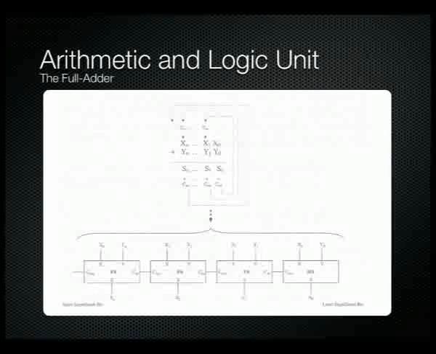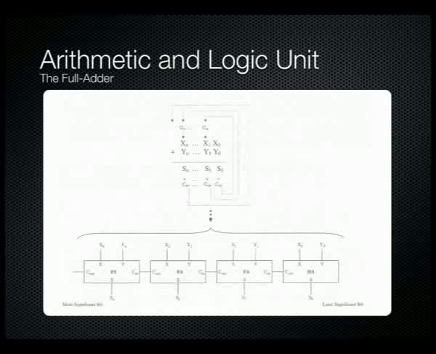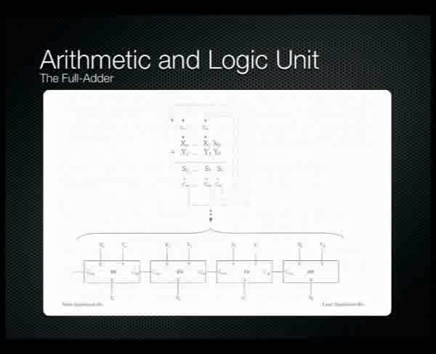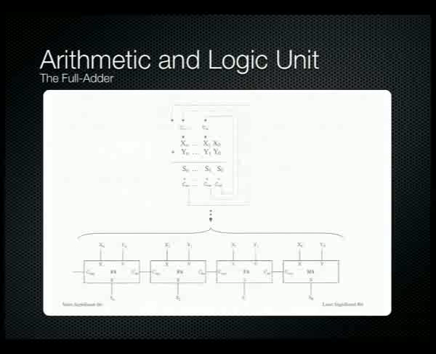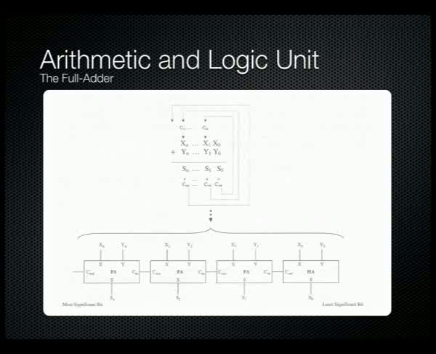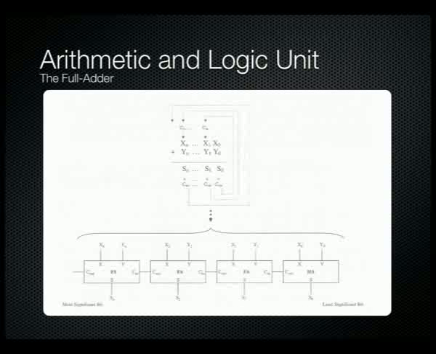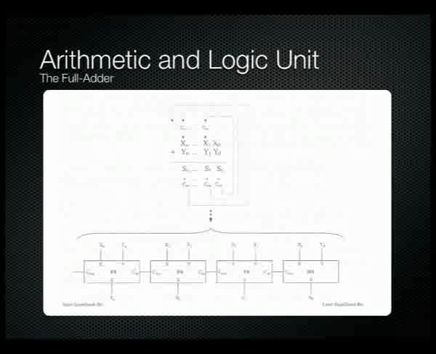Then we do that summation, get the result, and pass this carry out to the next stage. So you can see it's a very rippling effect where we get the least significant bit, then on the next clock cycle get the next bit, and the next clock cycle get the next bit, and so forth. So to add up an 8-bit number would effectively need 8 clock cycles. We need that carry bit to ripple through to the higher, most significant bit values.